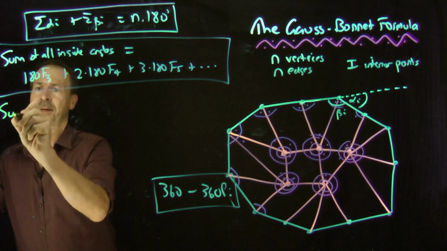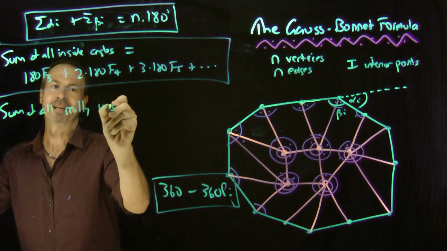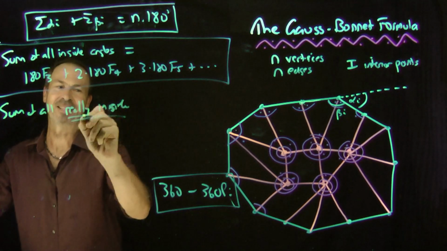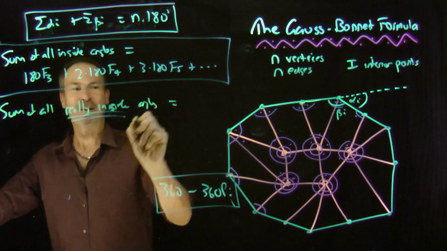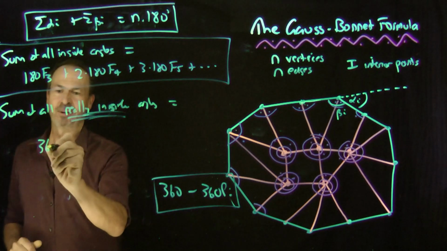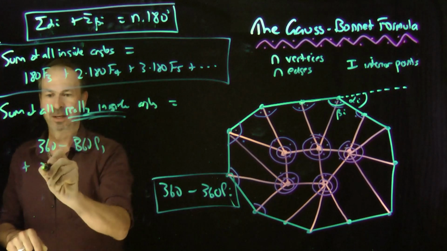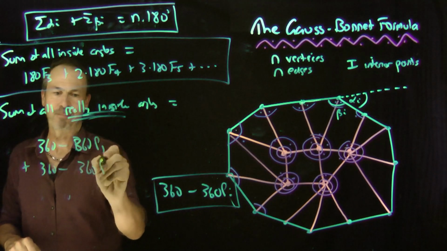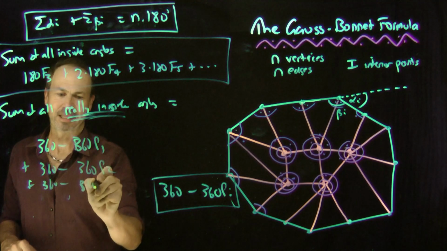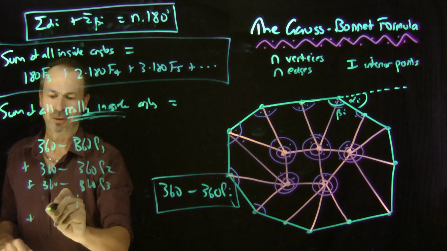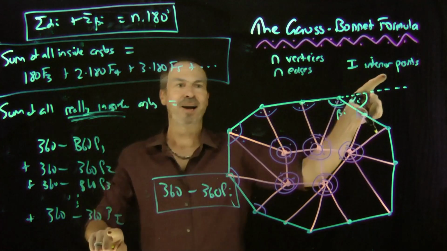Sum of all the really inside angles, like these ones, equals this first one, 360 minus 360 P1, plus 360 minus 360 P2, plus 360 minus 360 P3, all the way down to 360 minus 360 P_I, capital I, the ith one.